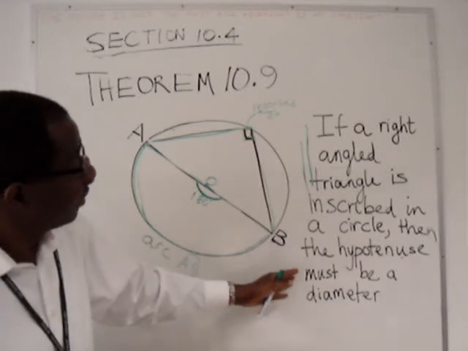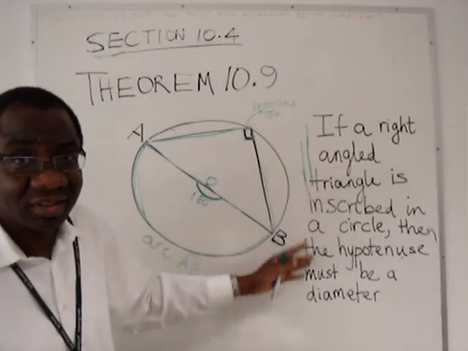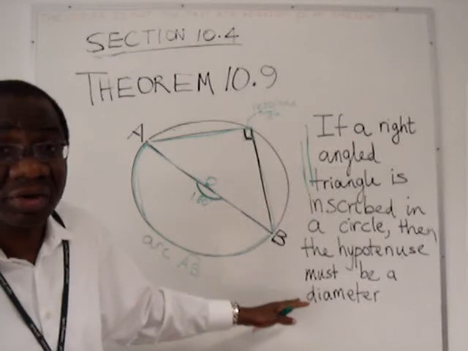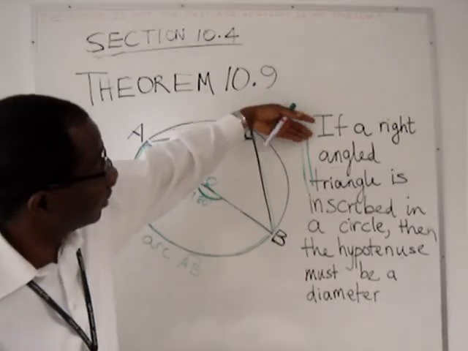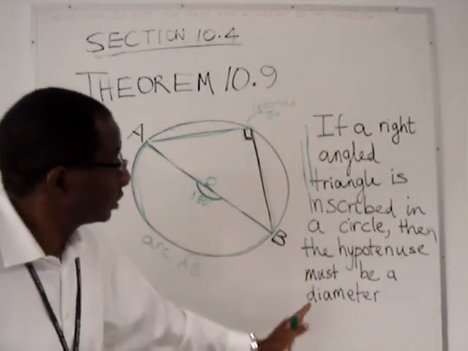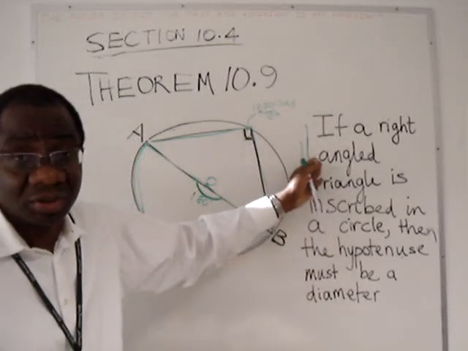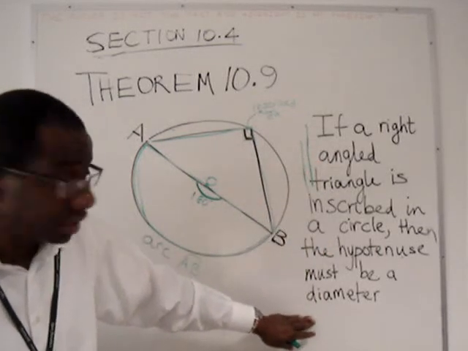It's just reversing this. They call that a corollary. That is, instead of going from this condition and saying this must be true, you start from this condition and say that must be true.